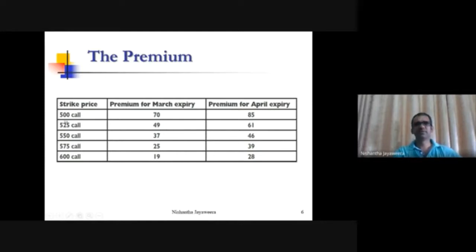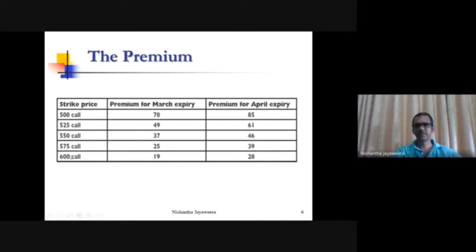Why? The strike price of a call option increases: 500, 525, 550, 575, 600. So when the strike price increases, the premium decreases. So basically, you can see the same pattern here.